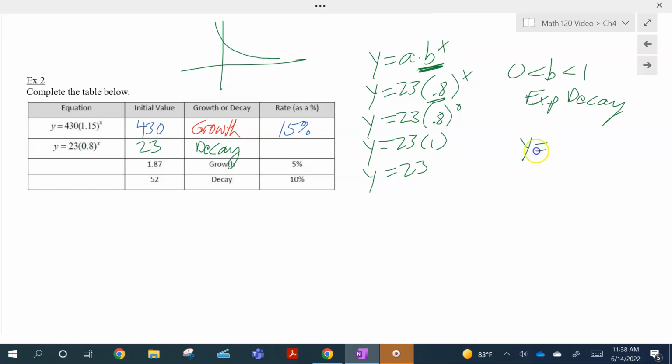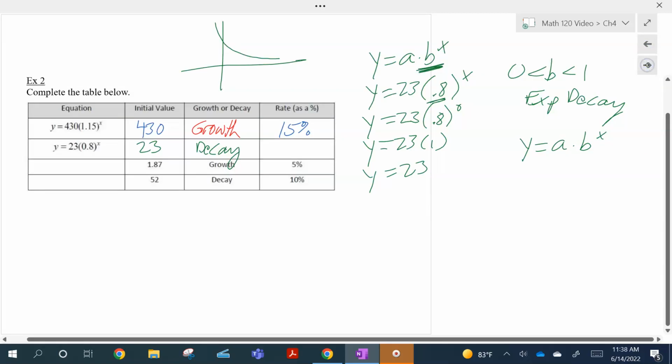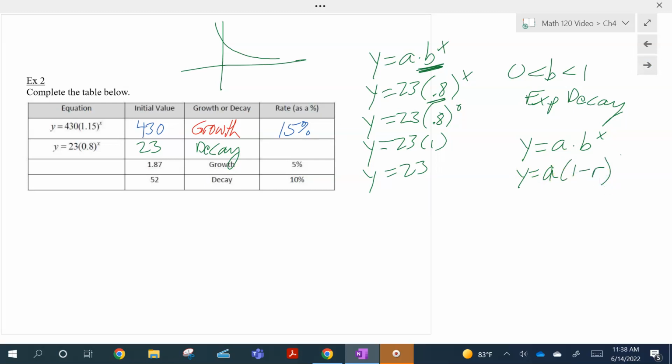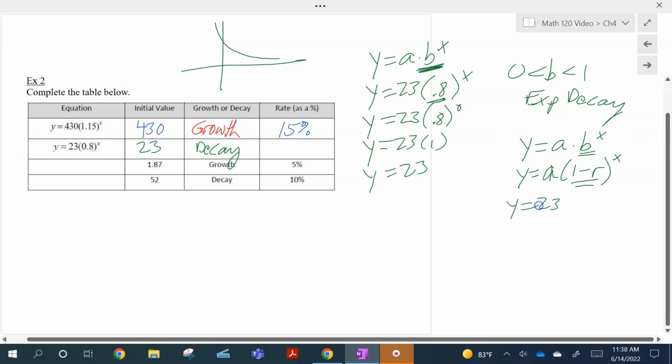Well, if I have something of the form a times b to the x, and I know it's exponential decay, I'm going to use a times 1 minus r to the x. How much less than 1 is it, in other words, right? Your b is 1 minus r here. Well, it's 23 times 0.8 to the x.